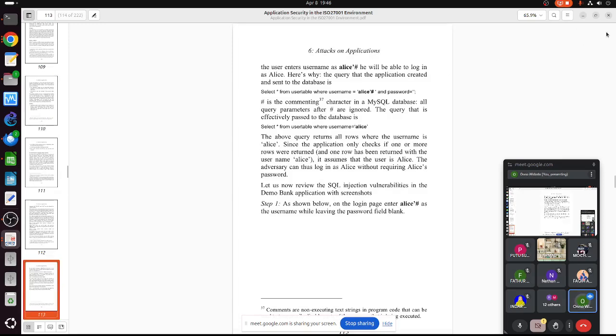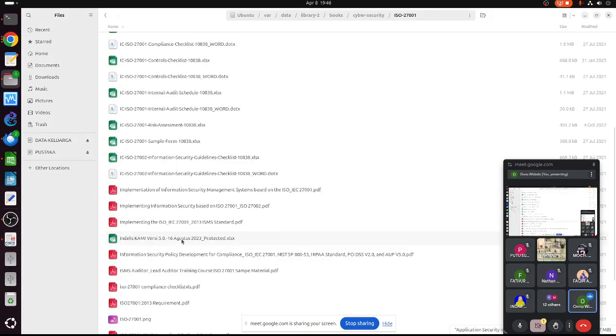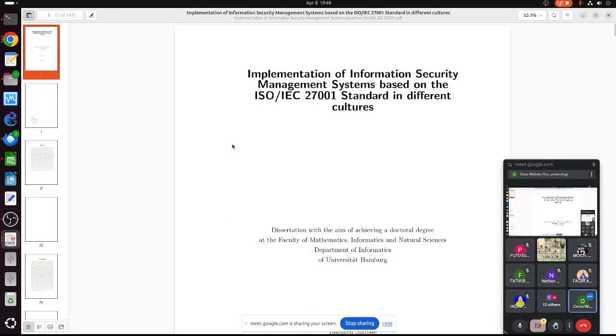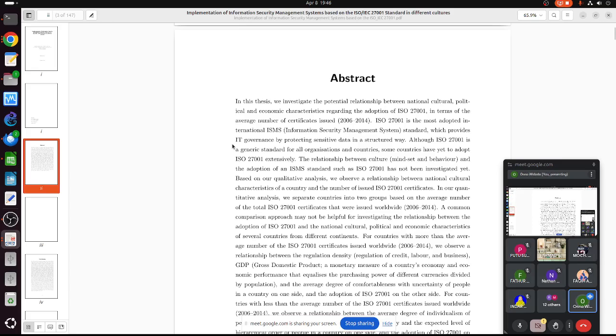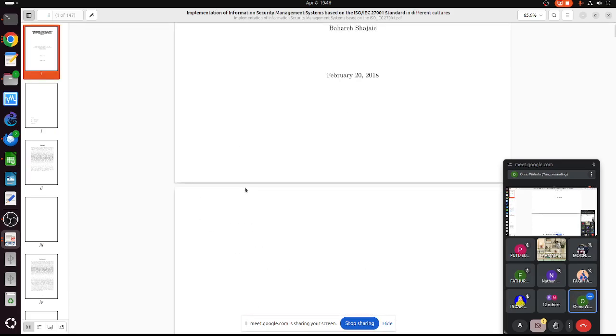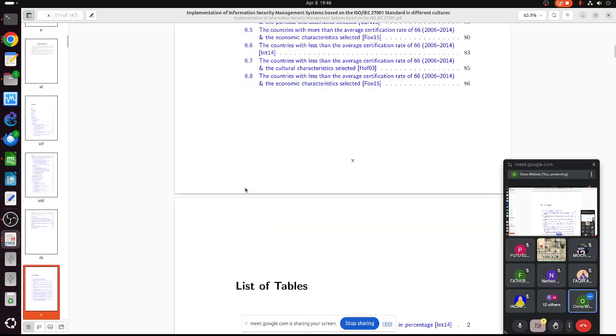You are welcome to send your disk or flash disk and copy this from me, but don't tell anyone you got it from me, because this is stealing. We need to steal sometimes. See this? Oh, this is a dissertation, doctoral degree in Hamburg. Okay, a good one.